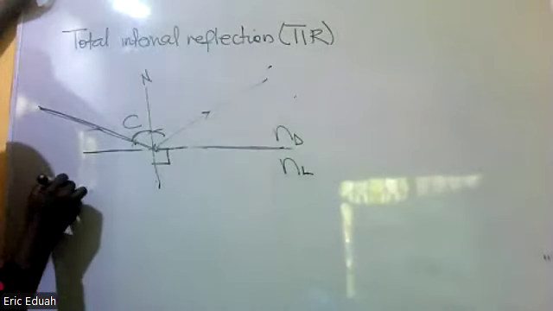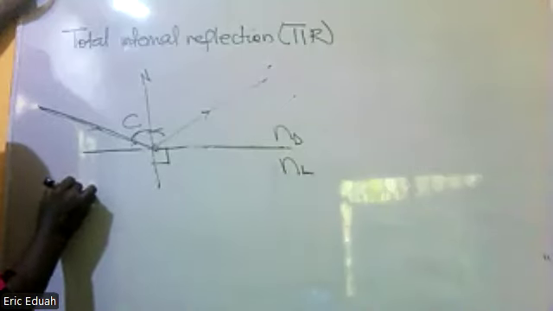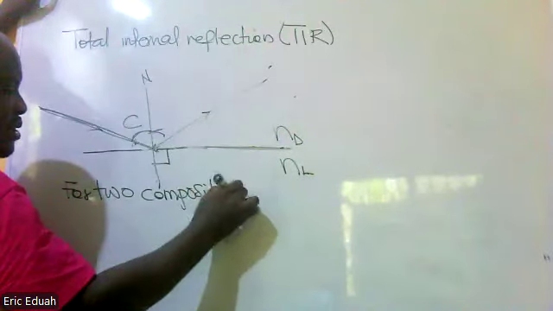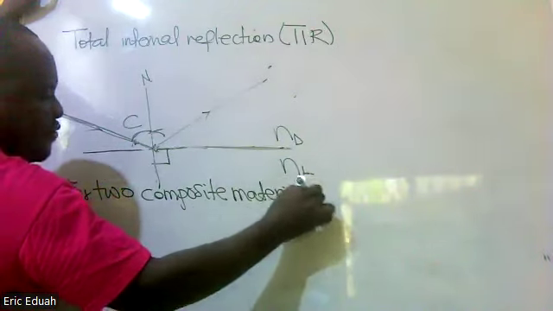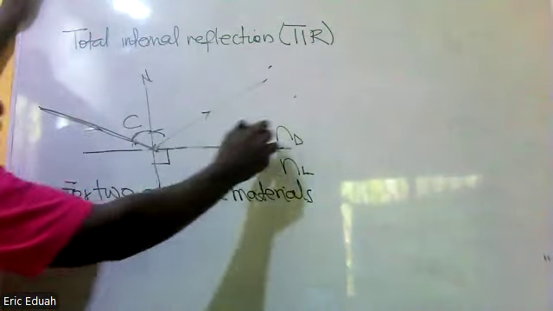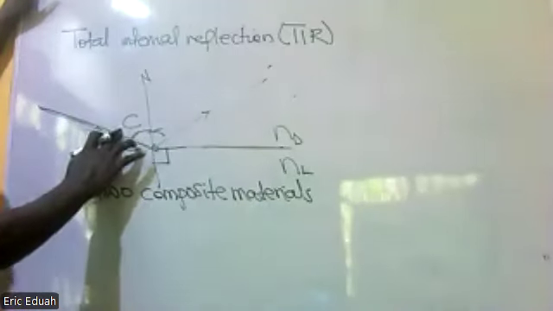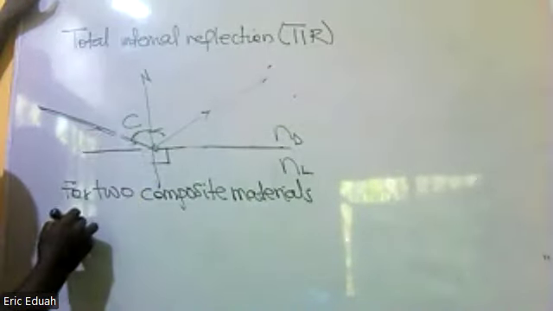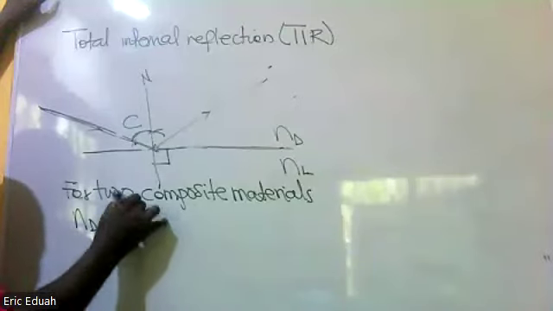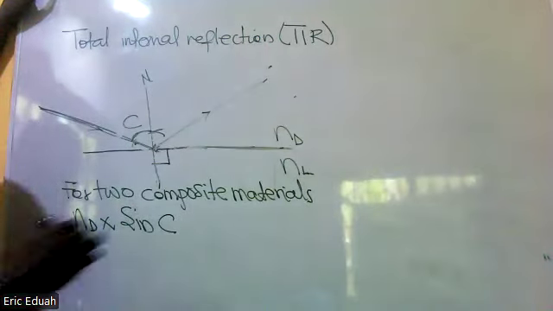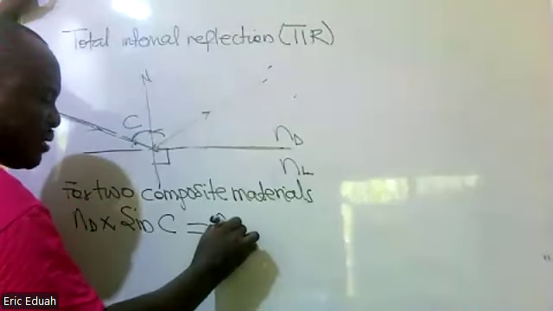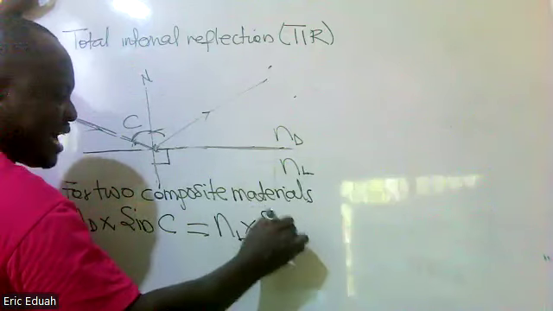Okay. Now we learned that for two composite materials, meaning two materials that are joined together, the product of the refractive index and the sine of the angle of incidence in it, so the refractive index D times sine of the angle of incidence, which is C, must be equal to the product of the refractive index of the other material and the sine of the angle of refraction.